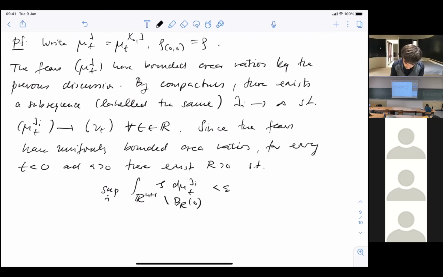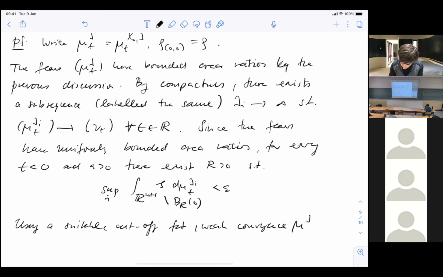Now we can just use a suitable cutoff function, and we have the convergence mu lambda I t going to nu t.